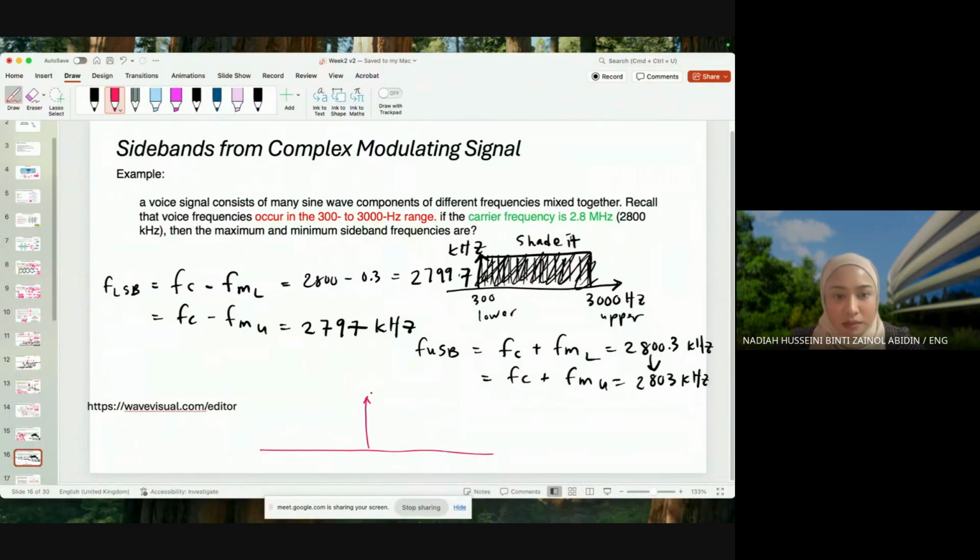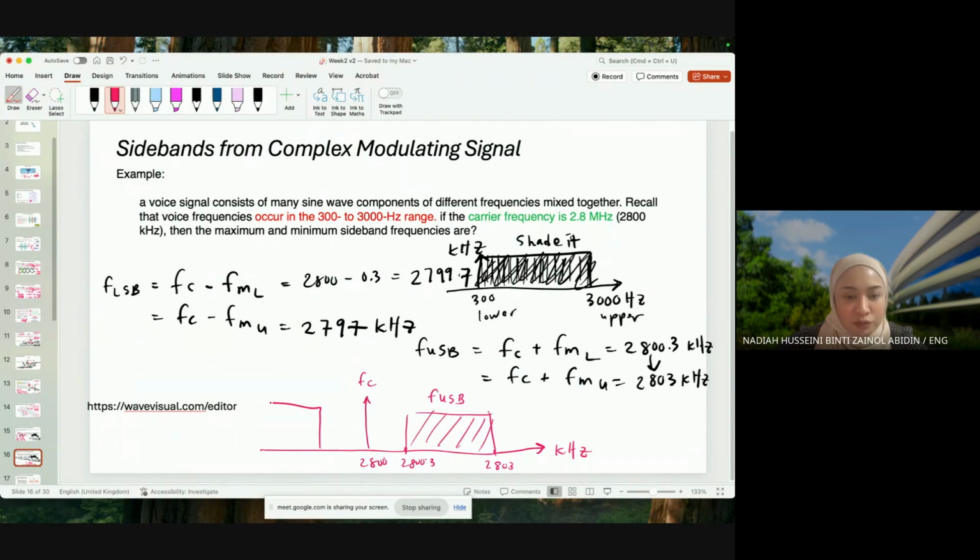FC is going to be here, 2800, and my axis is in kilohertz, because everything is in kilohertz at this point. We know our upper sideband starts from here all the way to 2803. So this is your FUSB, and this is FC.